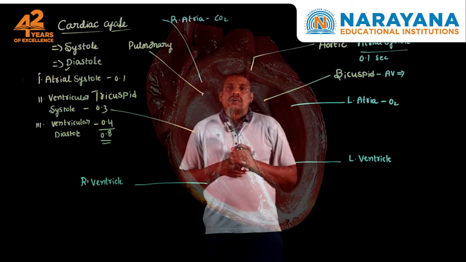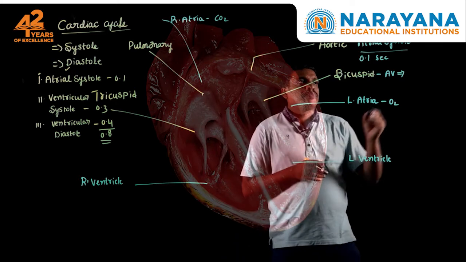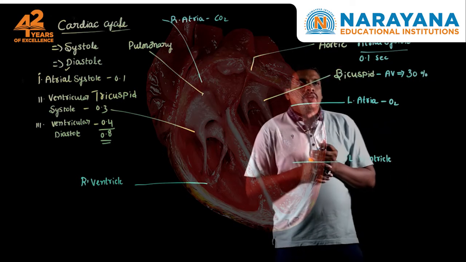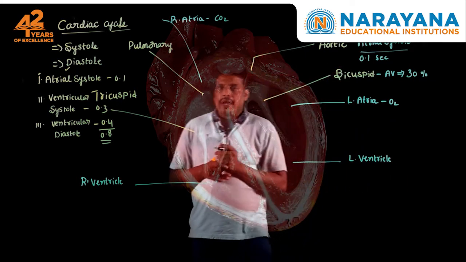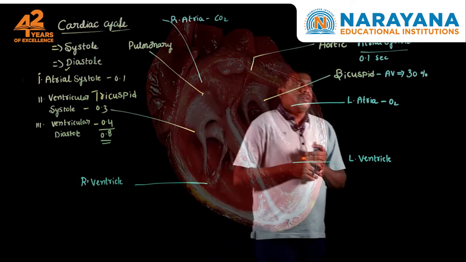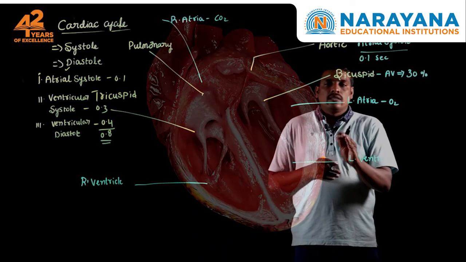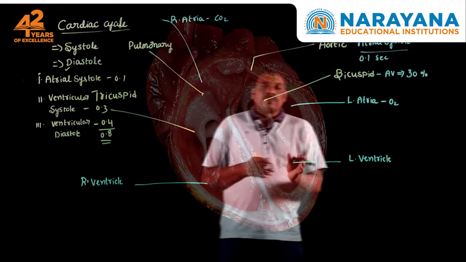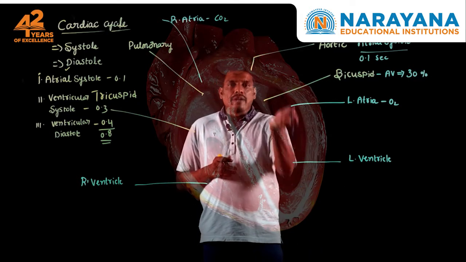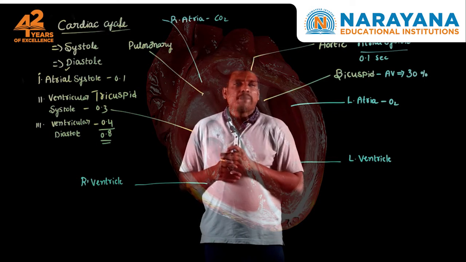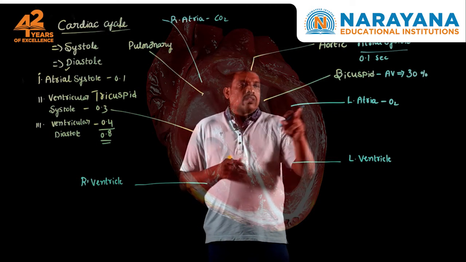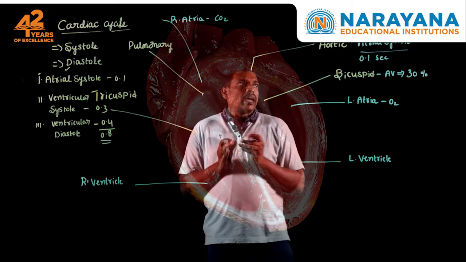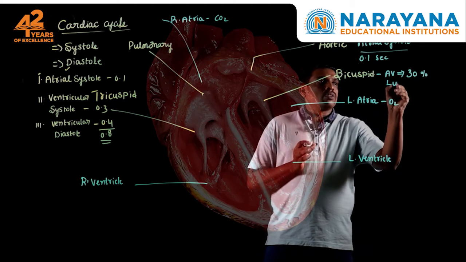From the atria, blood enters into the ventricles. 30% of the blood will fill inside the ventricles when the AV valves are kept open. When the ventricles are 30% filled with the blood, the blood present in the ventricles tries to enter into the atria once again. In this case, the AV valves forcibly close and exert the first heart sound called lub.